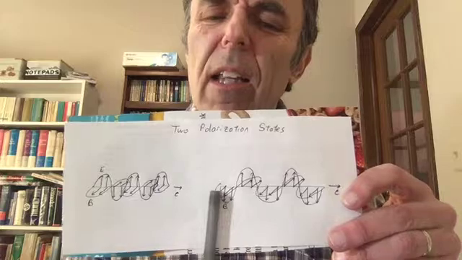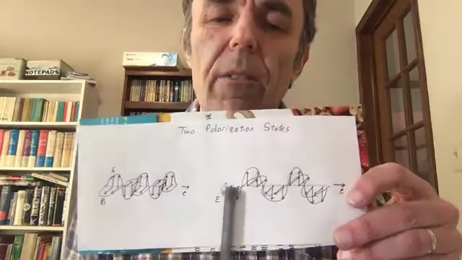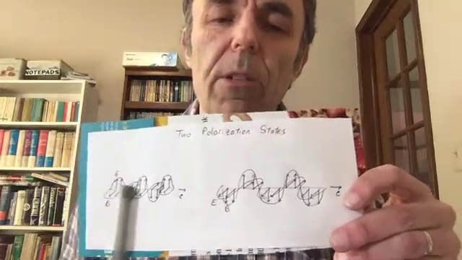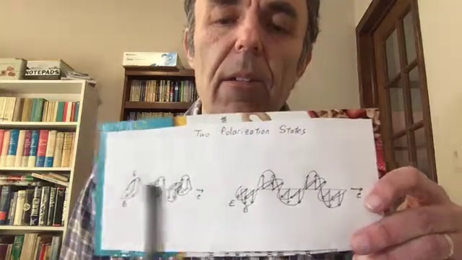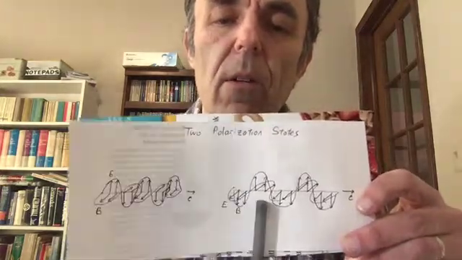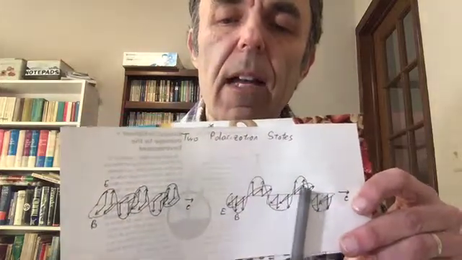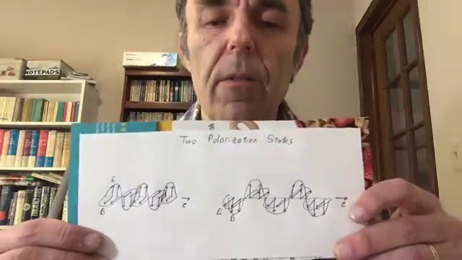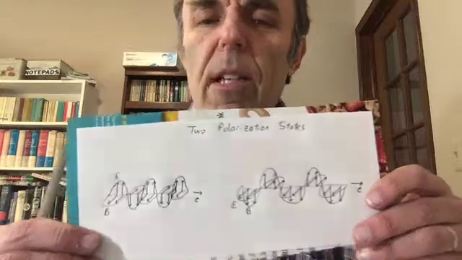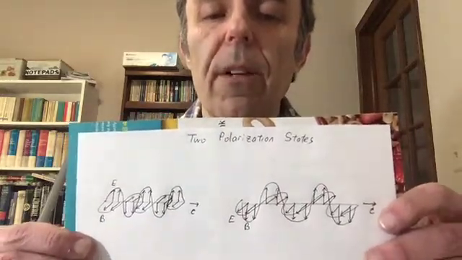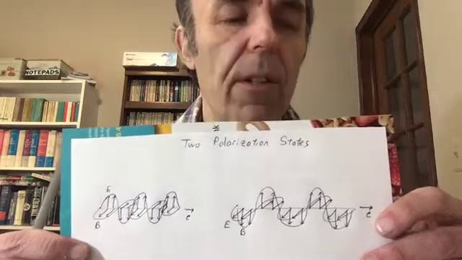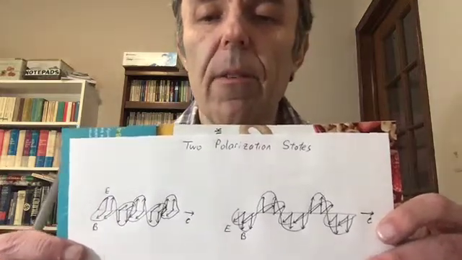Or you can have the electric field going left, right, perpendicular to what it was over here, and the magnetic field going up, down. Electric field goes left, right, and it propagates in the direction. So there's now two polarization states to light, corresponding to the direction of the electric field. We'll focus on the direction of the electric field instead of the magnetic field.